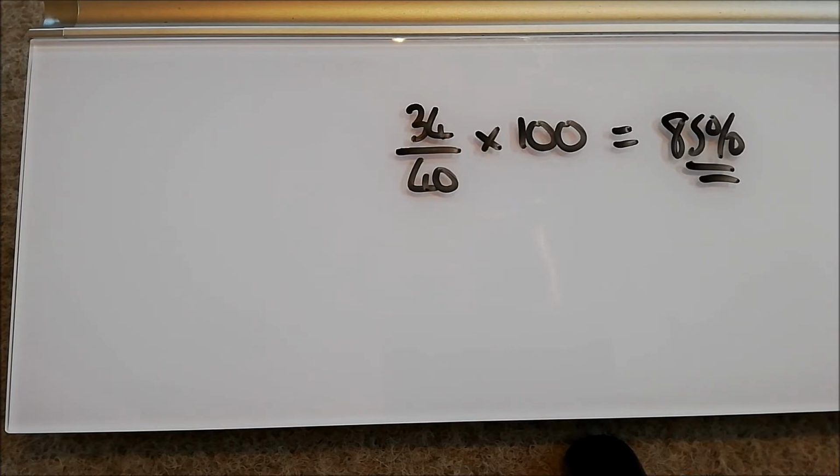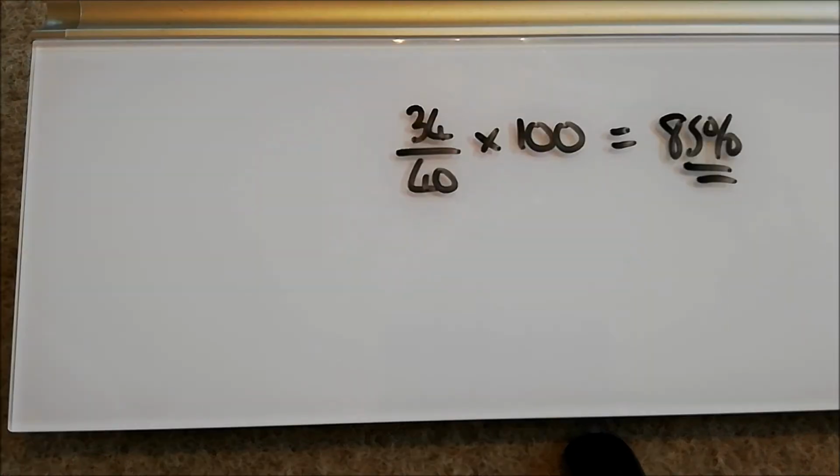If you're on a non-calculator paper, it's essentially just scaling fractions up or cancelling them down in disguise, because as long as you get to a denominator that's out of 100, then you've got yourself to a percentage that you can just read off nice and easily. On a calculator paper, it's just do a divide or use the fraction button on your calculator and then put times by 100.